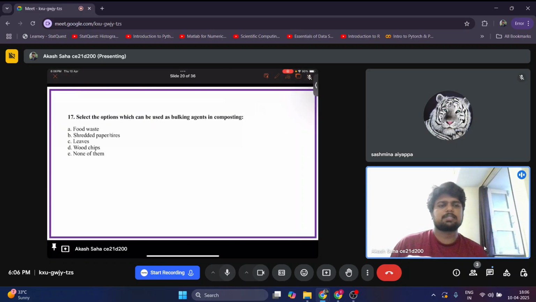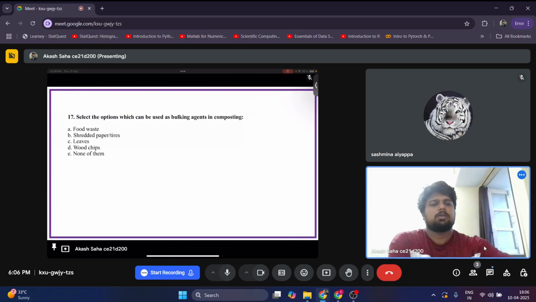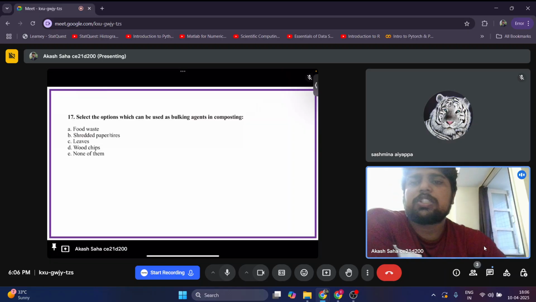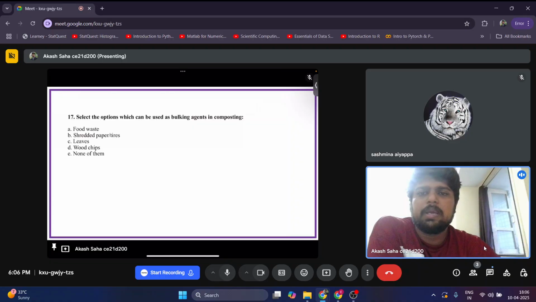Okay, so we'll quickly discuss all these multiple choice questions. So first one says that select the options which can be used as a bulking agent in composting. So we have food waste, shredded paper or tires, leaves, wood chips, or none of them. So what do you think will be used as a bulking agent in composting?